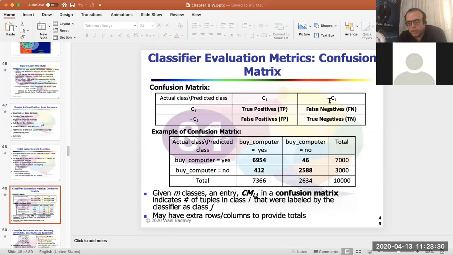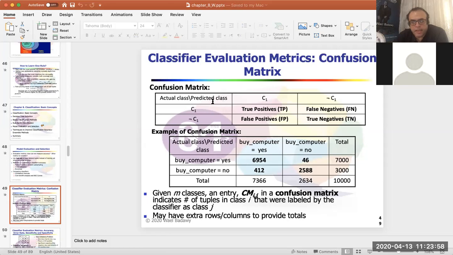This is a very general term for accuracy in life. The actual classes are the rows, C1 and not C1, which are the events happening in real life, and labeling or predicting them to which class is on this particular row.